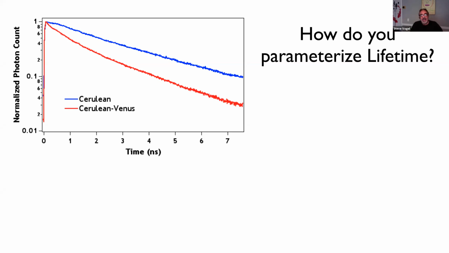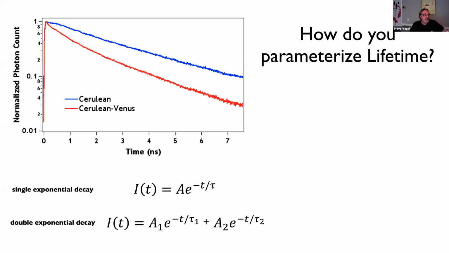And the way that most people parameterize it is by doing curve fitting, and you fit it to mathematical models. And usually these are either single exponential decay models or double exponential decay models, and some people have done triple, and there's other variants as well, right? And the objective here is to try to find a model that does match the decay that you're actually observing.